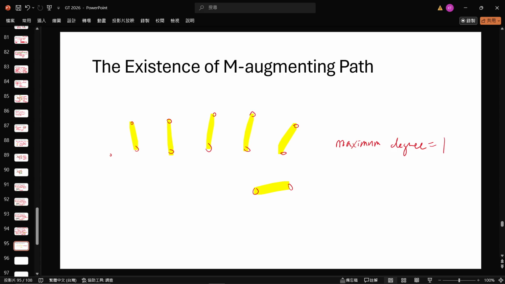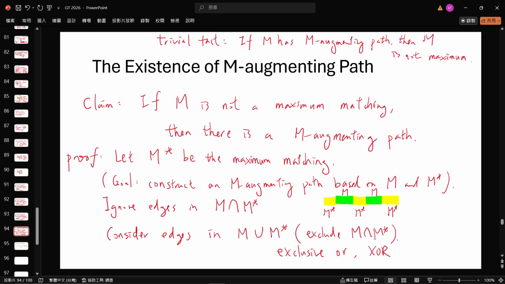Now this is just one matching. In our proof, we have to consider 2 matchings.